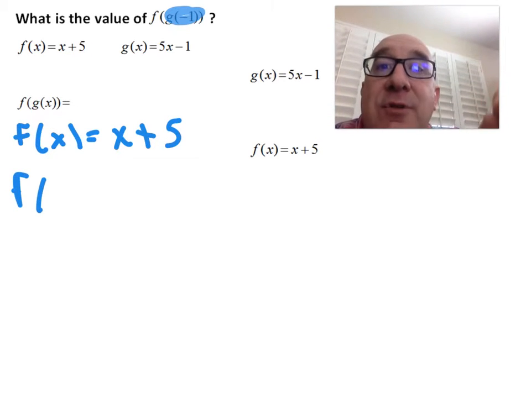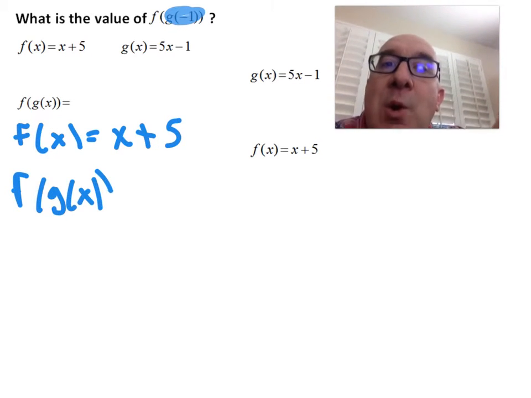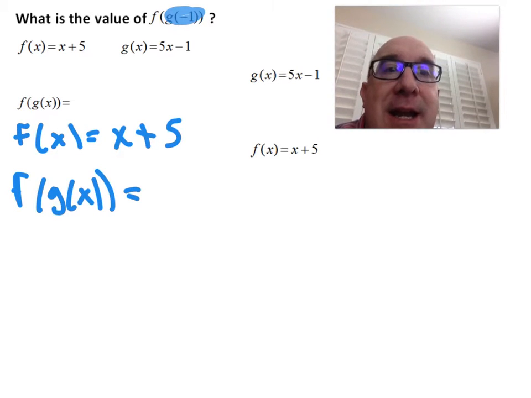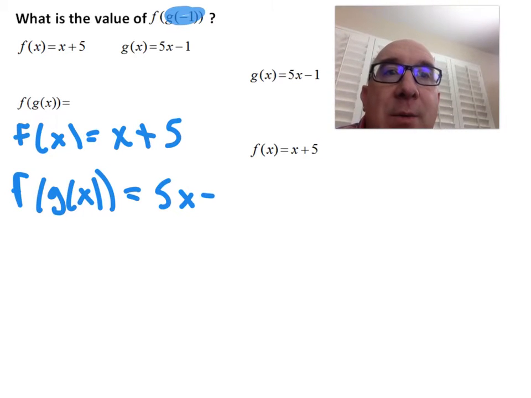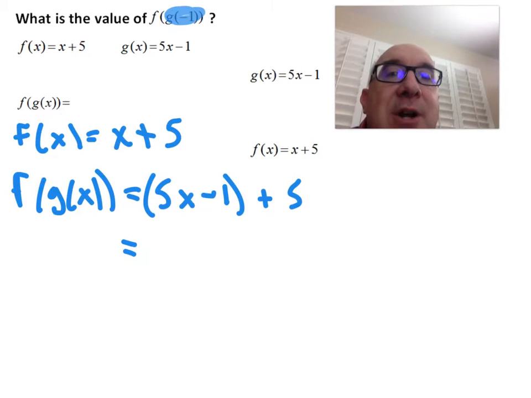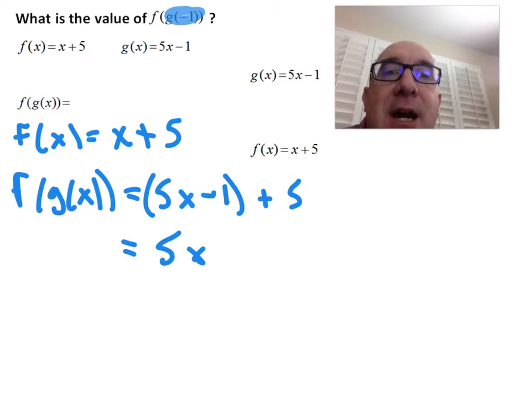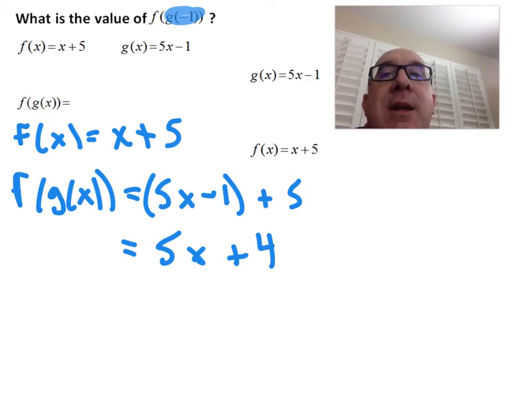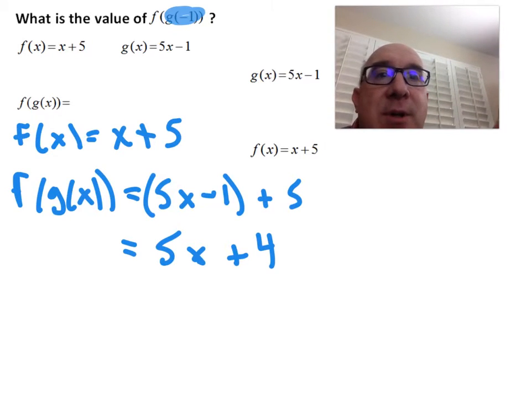So f of g of x would be to plug in, again, g of x, which we already did, by the way, right? We would put this value in for that, and we got 5x plus 4, sorry. Now, remember what they wanted: what number did they use? A negative 1 there.